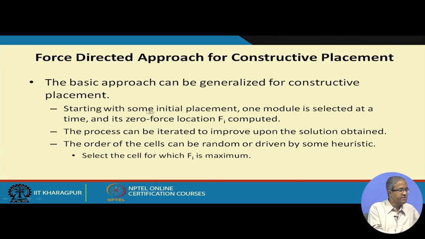Now, the order in which you take these cells for placement can be either random or driven by some heuristics. For example, at every stage you consider all the remaining cells. Out of the 100, I have already placed 40 cells and 60 are remaining.